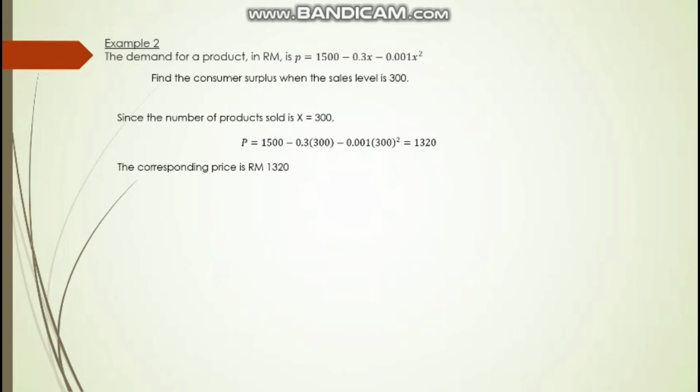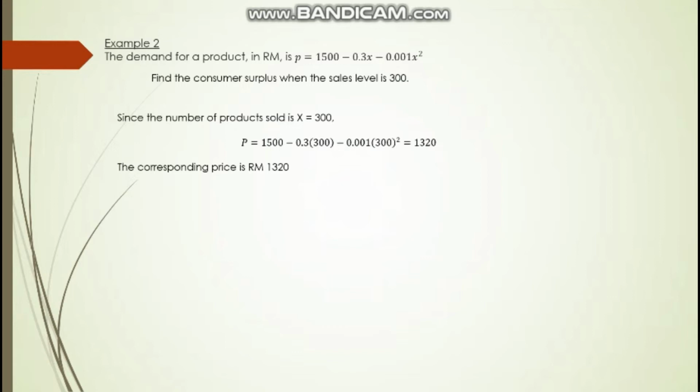Since the number of products sold is x equals 300, substitute x equals 300 into the equation, and we obtain that P equals 1,320.